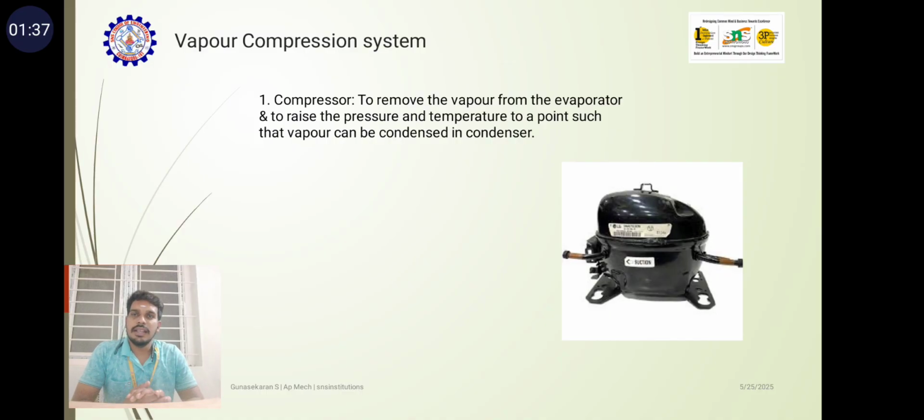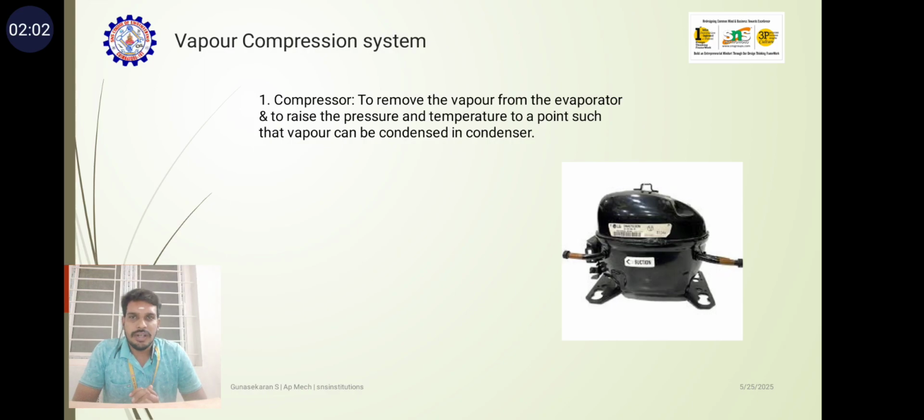A compressor is a component in a vapor compression refrigeration system. It plays a role in maintaining the continuous flow of refrigerant throughout the cycle. Note down: continuous flow of refrigerant throughout the cycle. It is the main role of the compressor.